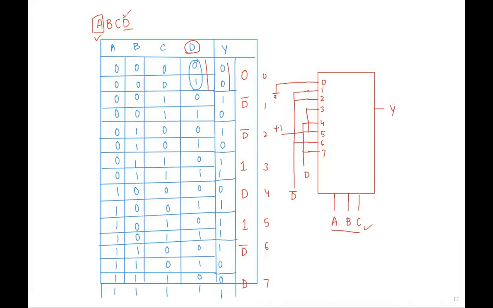In the previous video, we discussed implementing by taking A as a variable and using B, C, D. In this case, we are taking A, B, C, D and considering D as input. So that's all as far as this implementation is concerned.